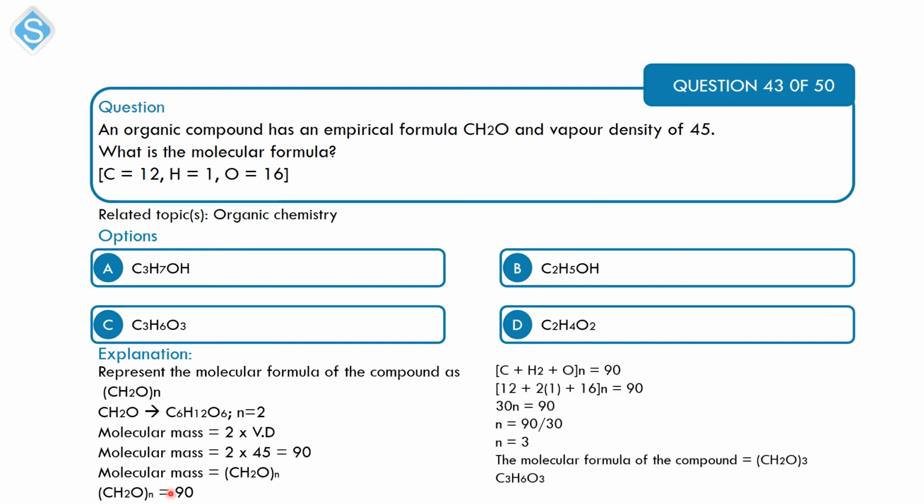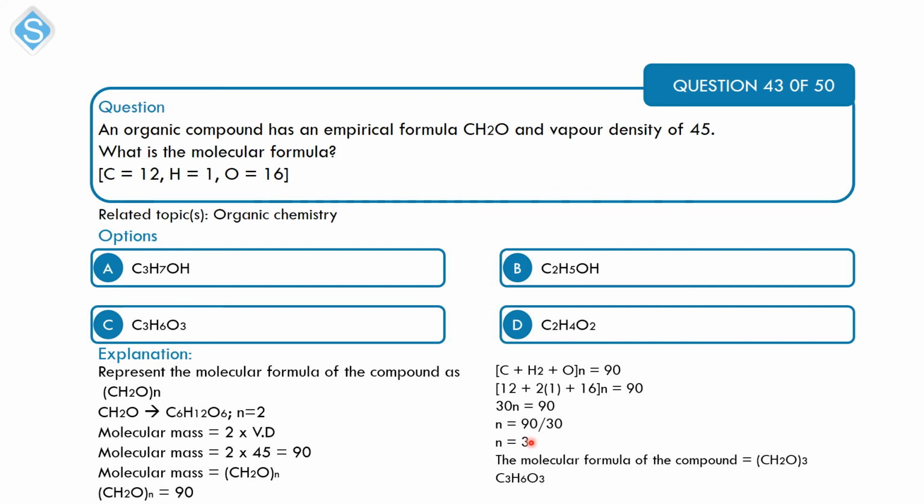So then you are going to have your CH2O, you find the molar mass, in bracket n equals 90. Carbon is 12, hydrogen is 1, so you have 2 times 1, plus oxygen, which is 16. When you add up all of this, you're going to be having 30n equals 90. Divide both sides by 30, and your n is equal to 3.